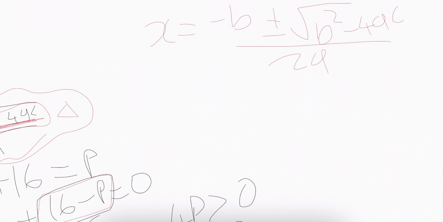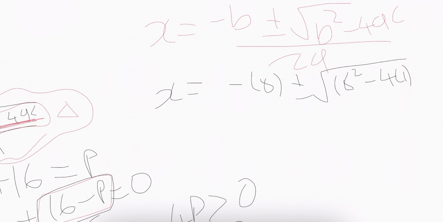So x is equal to minus b plus or minus the square root of b squared minus 4ac, all over 2a. Your b, what was the value of b? It was 8. So minus 8 plus or minus the square root of 8 squared minus 4. Your a was 1. What was your c?